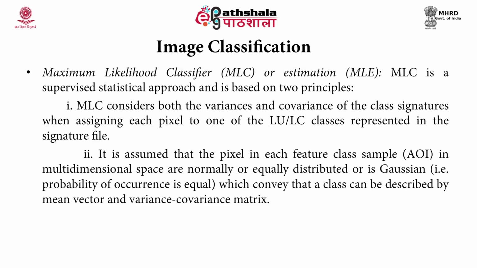Second, it is assumed that the pixels in each feature class sample, that is the area of interest in multidimensional space, are normally distributed or Gaussian, which conveys that a class can be described by a mean vector and variance covariance matrix.